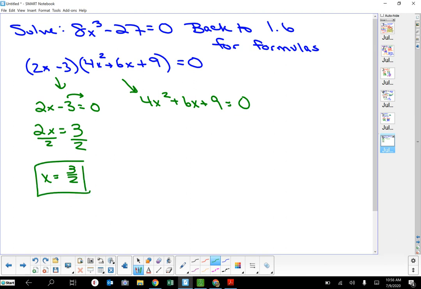Now, I have mentioned this a bunch of times, but until you actually have to solve one of these and need to know this, it doesn't really come into play.